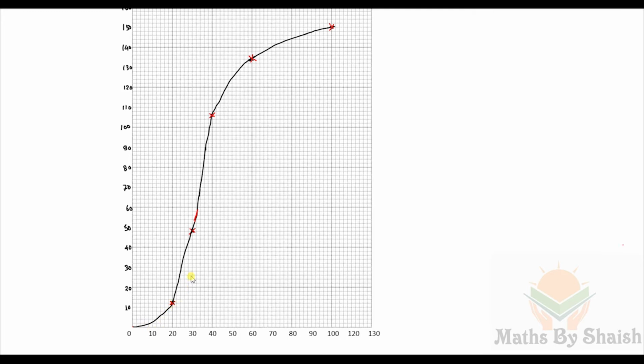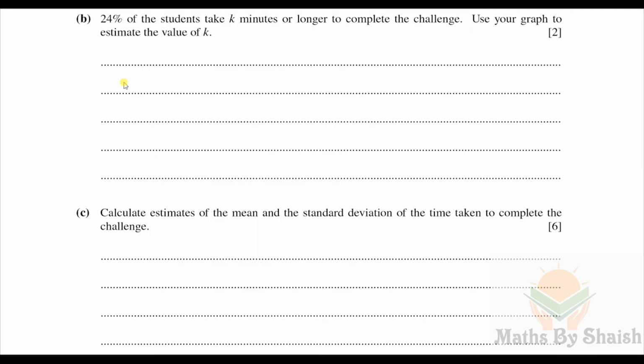That's it. Let's do the B part of it. 24% of students take 5k minutes or longer to complete the challenge. Use a graph to estimate the value of k. So k would be somewhere here, and it is given that 24% of the students are in this part. So the part from 0 till this place would be 100 minus 24%, that is 76%.